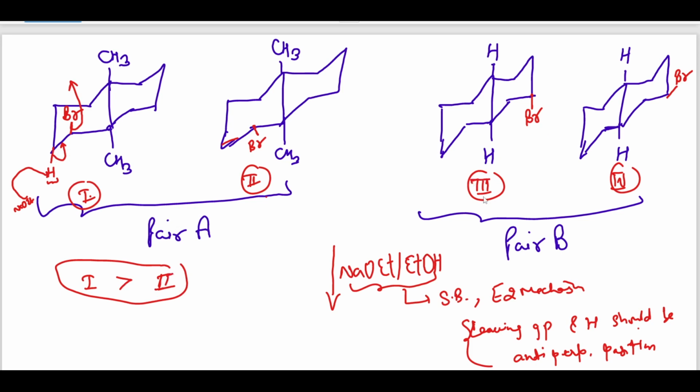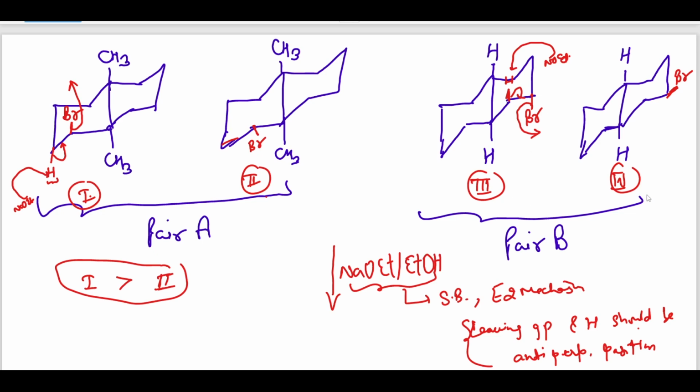Similarly, if we see these cases, in this case, this bromine is at axial position and this proton is at axial position. This bromine is at equatorial position. So obviously in third and fourth, sodium ethoxide can easily abstract this proton, and this bromine will leave as a bromide anion from this position, and the elimination reaction will occur.